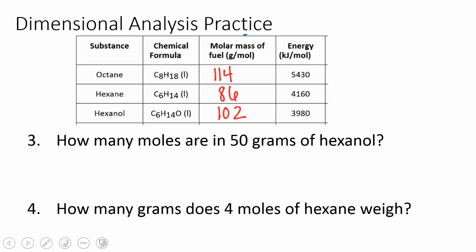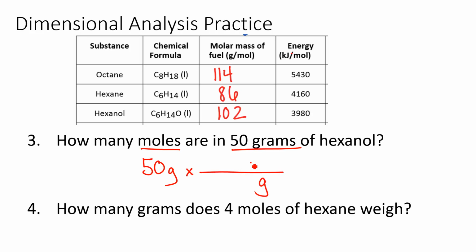Okay, so that's one type. Let's look at another type of problem. This is just a mole to gram or gram to mole conversion. So I'm going to do what I did before. The first thing I'm going to do is write down the number that I'm given. 50 grams is what I'm given, and I want to convert grams into moles. So now, instead of using this energy value, I want to use this number right here, because this number is the grams per mole.